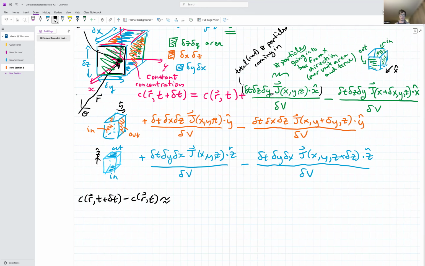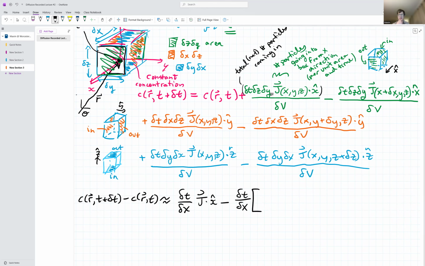So I can actually write this as delta t over, or the y and z parts in the volume element cancel the y and z parts upstairs. So we're just left with delta t upstairs and delta x from the volume element downstairs. So you have j dotted into x hat minus, and up here it's similar, delta t over delta x.